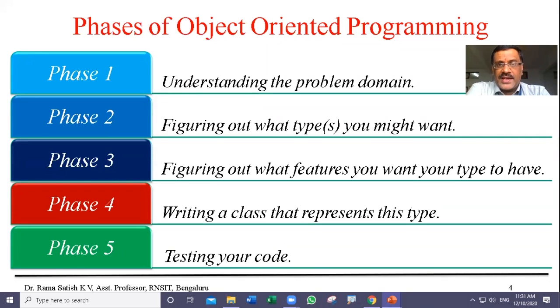The second phase is to figure out what types of data you might require. Based on that, you make an assumption: these are all the types of data that I want. Then figure out what features you want to have in your program.